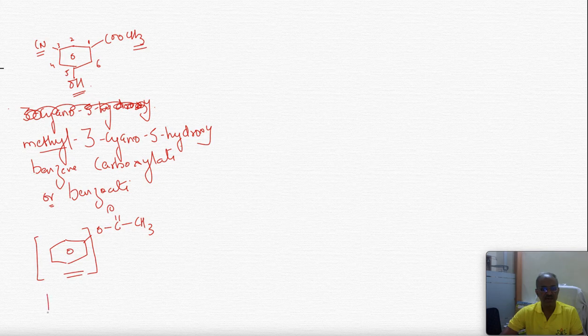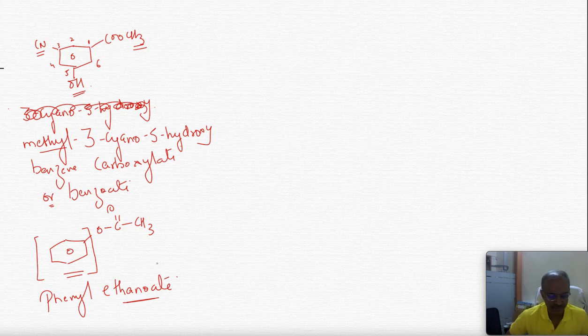Similarly, phenyl ethanoate is the more precise answer.